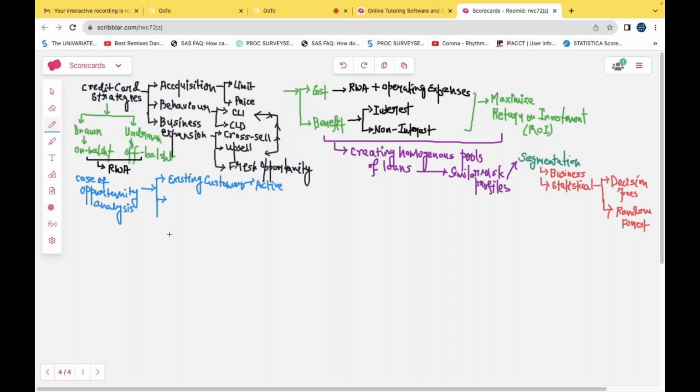So now what I want to understand is, if I have to define the fresh opportunity, I'm defining it as the base of accounts on the books of my bank who are active in some other product, or maybe a similar product, but not a particular product.